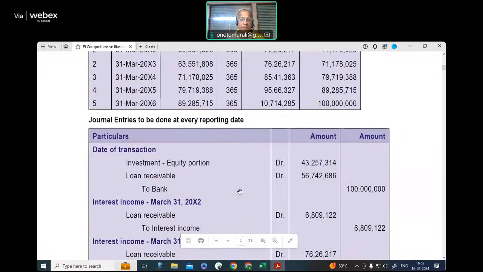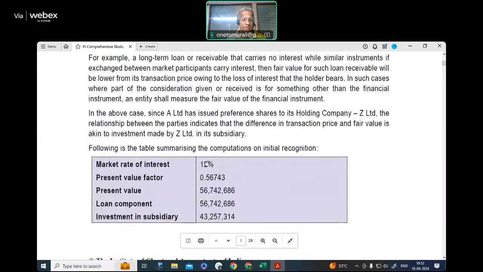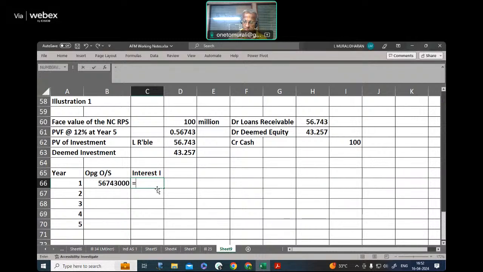Interest income, what is the rate at which it is to be taken up? The effective interest rate, the market rate of interest, is 12%, into 0.12. Cash flow, then closing.